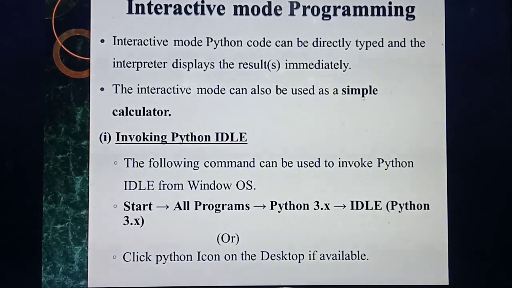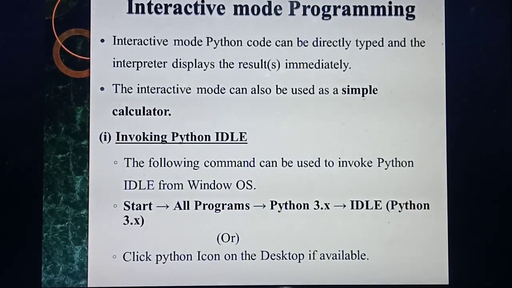Now we are going to study in detail about interactive mode as well as script mode. The first mode is interactive mode programming. In interactive mode programming you can type the program directly on that screen itself, in the interpreter.